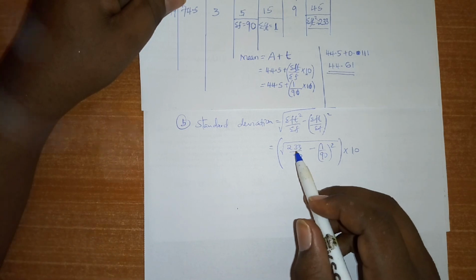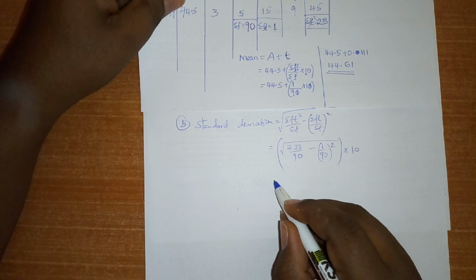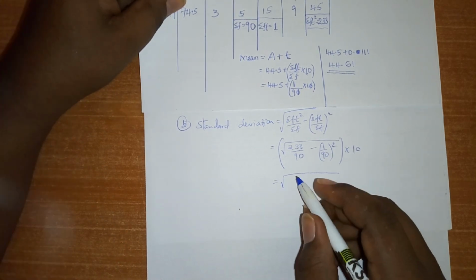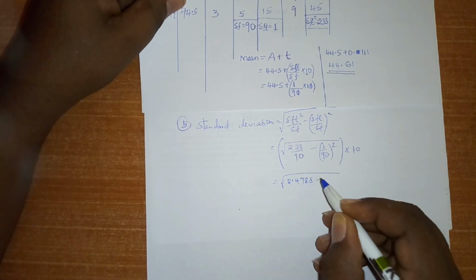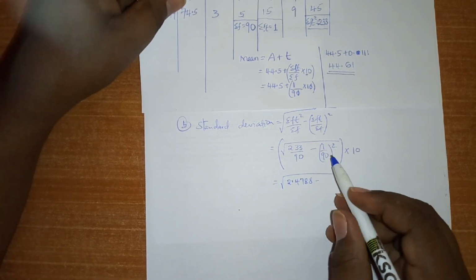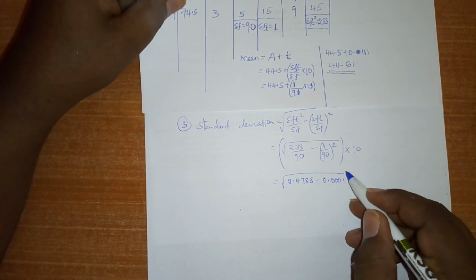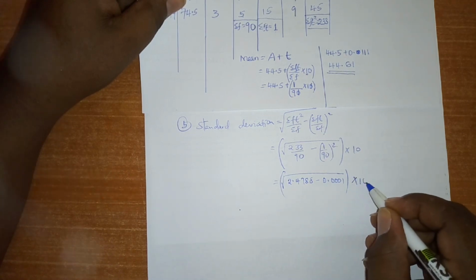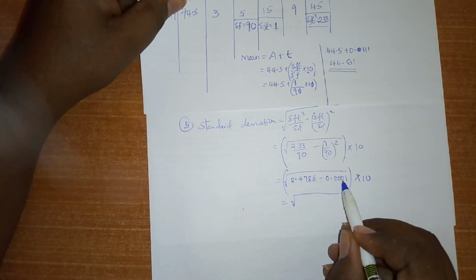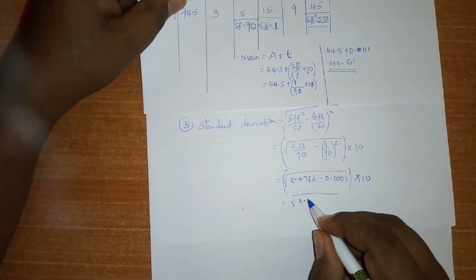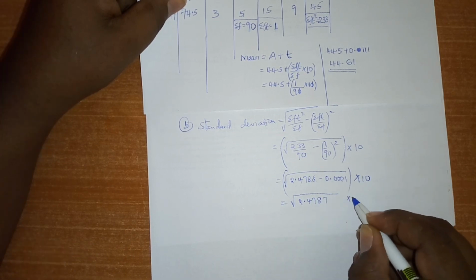Very good. When you divide 233 divided by 90, you're going to get 2.4788, minus 1 divided by 90 squared. Then you're going to get 0.0001. So when you subtract, 2.4788 minus this one, you get 2.4787, times 10.